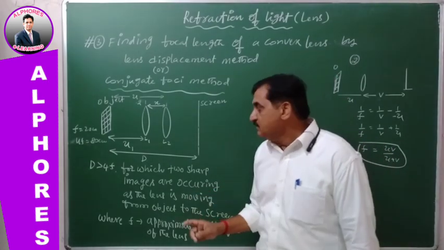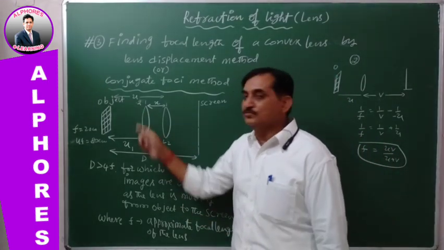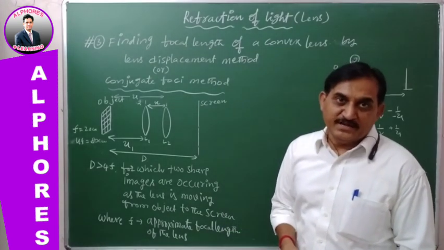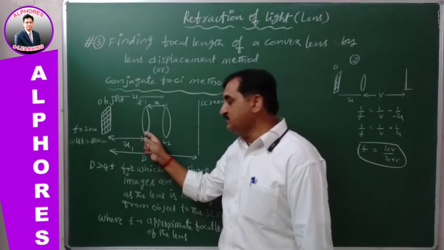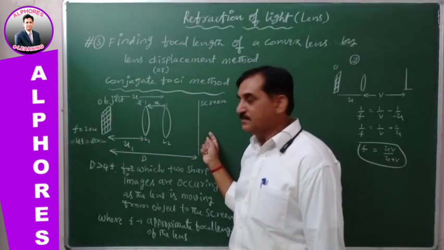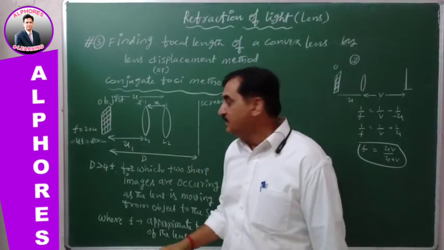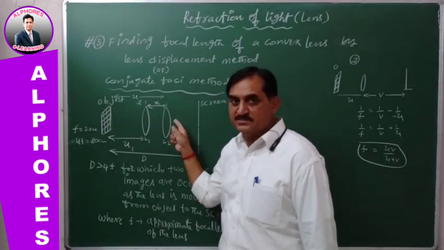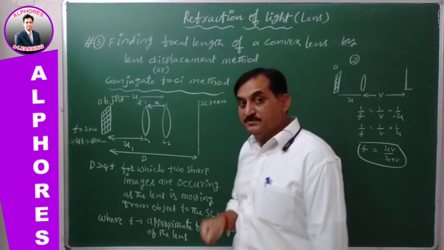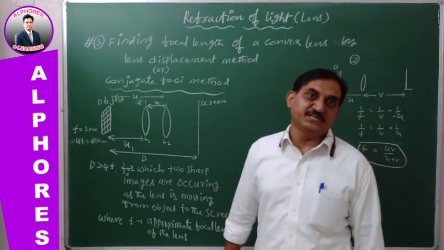Here I am giving that u1 and u2 are two possible values of object distances. At u1, the image is sharp and magnified on the screen, and at some other point, that is u2, the object distance where the sharp and diminished image is found on the screen.